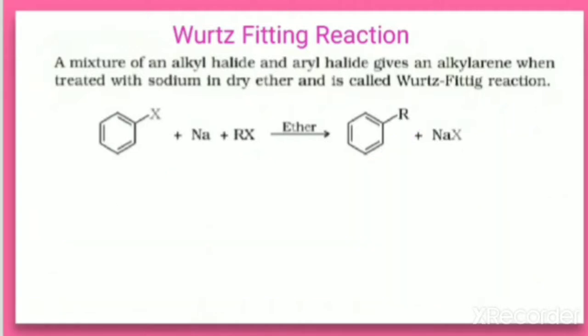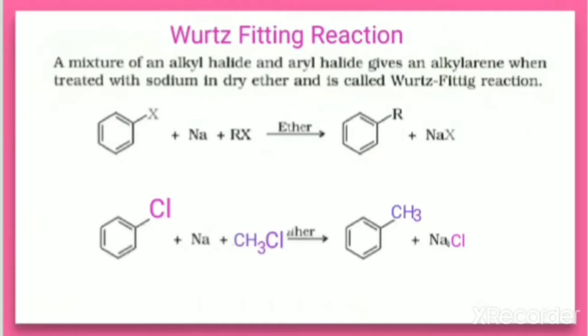Let us take one equation. Example: when X is Cl, here when X is Cl and RX is CH3Cl, that means R is CH3 here. CH3Cl, that is methyl chloride, and here it is chlorobenzene. So methyl chloride and chlorobenzene.